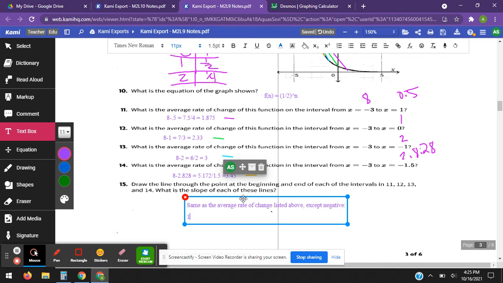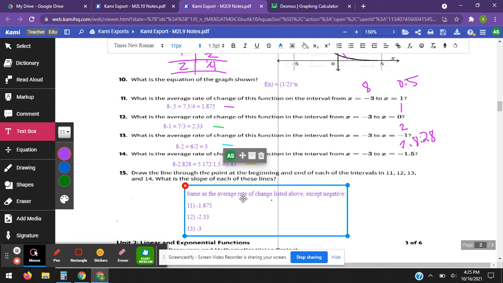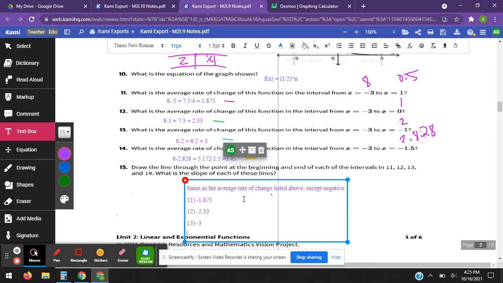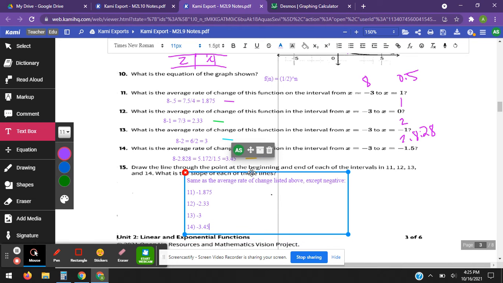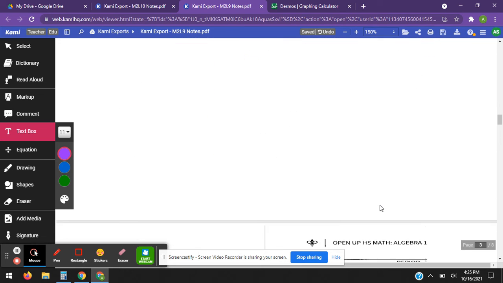So 11 is a negative 1.875. 12 is a negative 2.33. 13 is a negative 3. And 14 is negative 3.45. So I'm going to scoot that up just a little so we can see. All right, so that's kind of our rates of change on there.